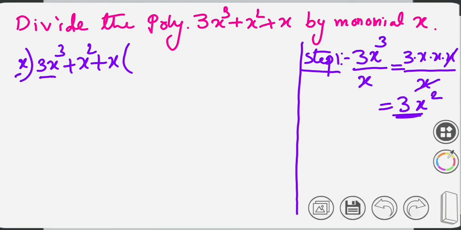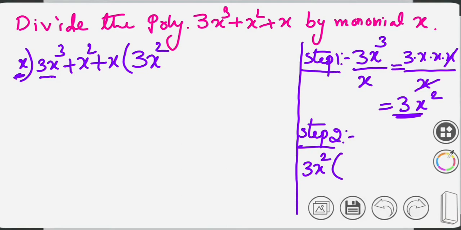You have to write that term here, 3x square. And after that, in step 2, this term 3x square you have to multiply with this divisor x. Then what will you get? 3x square into x, that is 3x cube. So this polynomial you have to write here, 3x cube.